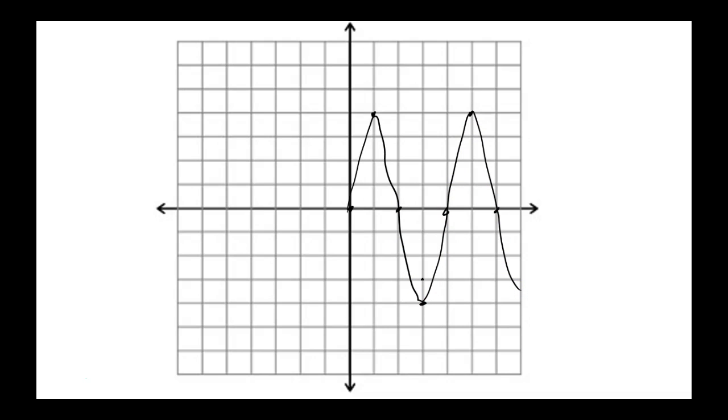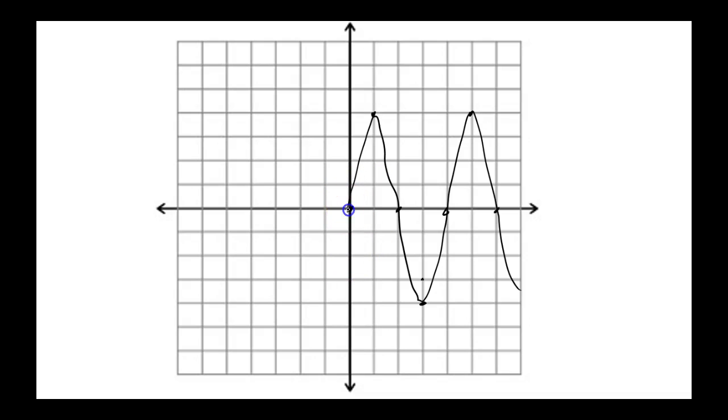Now, in an inductor, the current lags behind the voltage by 1/4 of a cycle because of the inductor being there. Remember, the inductor is resisting the change in current, so it gets behind. So therefore, the current is doing something like this.